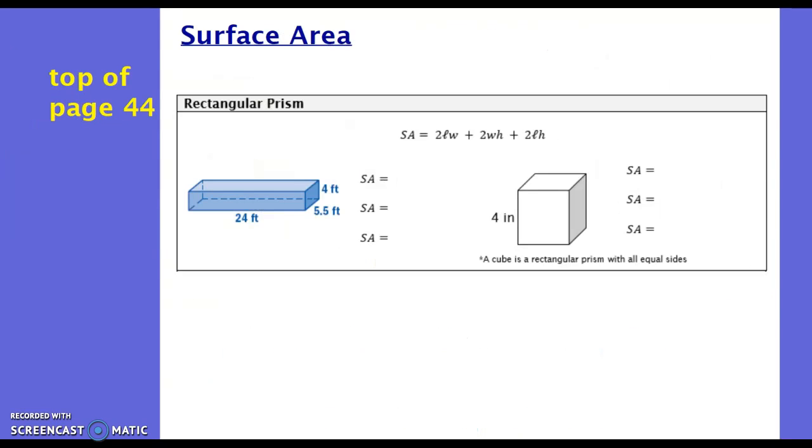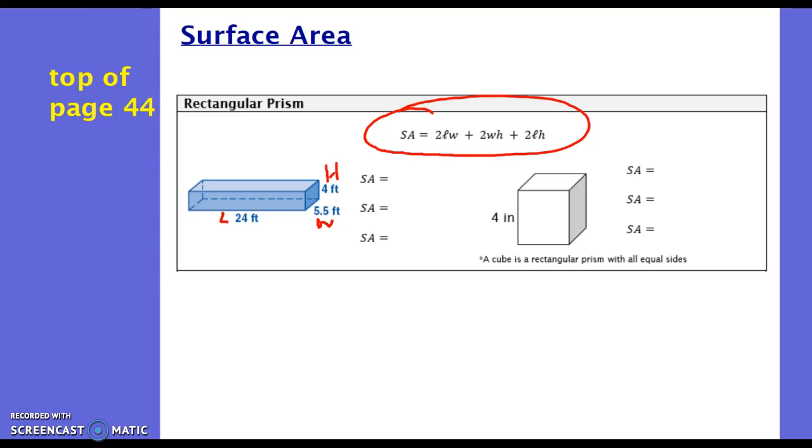All right, here is our formula for calculating the surface area. Let me describe to you where it comes from. On the top of page 44, I have a rectangular prism, and I'm going to label this 24 as the length, the 5.5 as the width, and we're going to say the 4 is the height of this rectangular prism. So let's say I wanted you to calculate the areas of all of the sides.